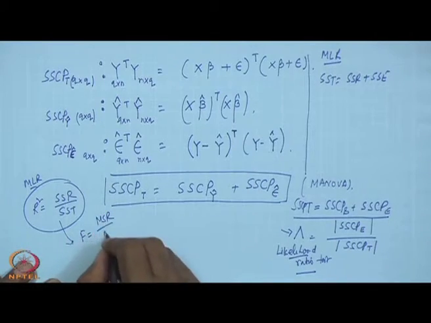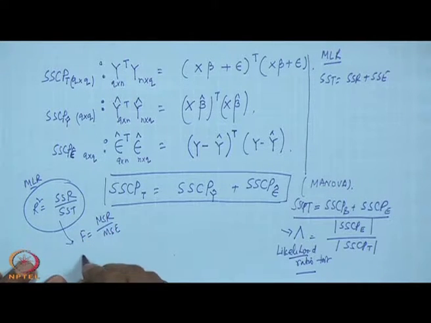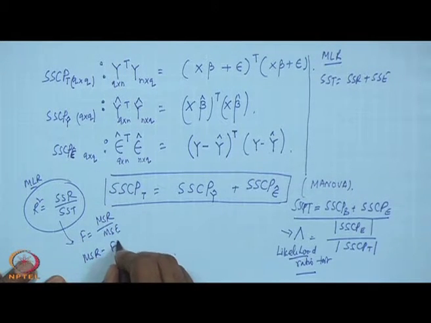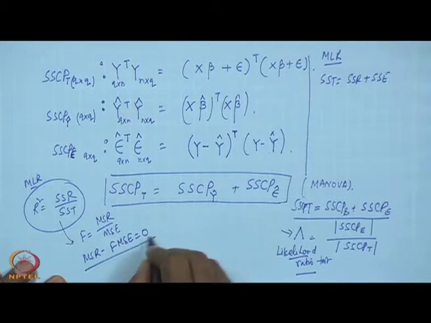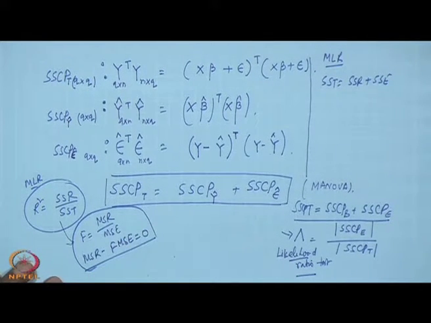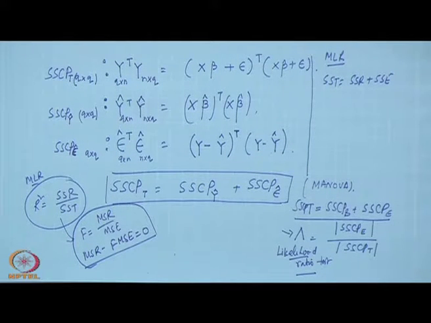But yes, there are some other measures which were derived based on the F ratio, F statistics point of view, that is MSR by MSE. In the ANOVA table you found out that F equal to MSR by MSE. So, MSR minus F times MSE equal to 0. This type of relationship can be used, and we will find out some measures with respect to this.